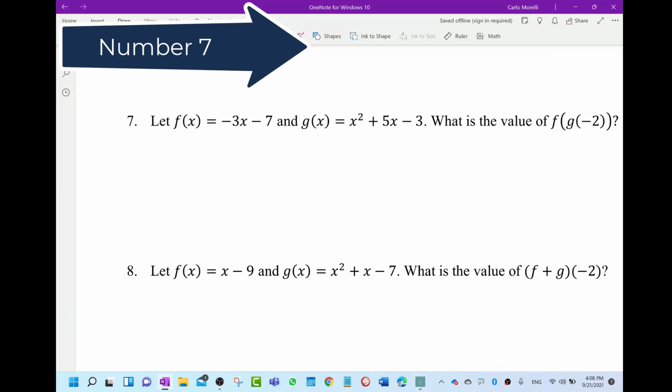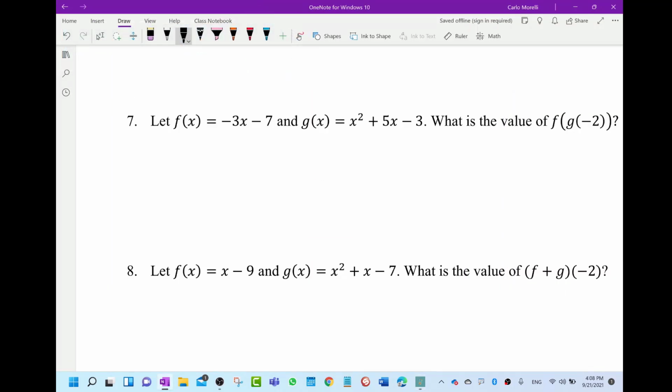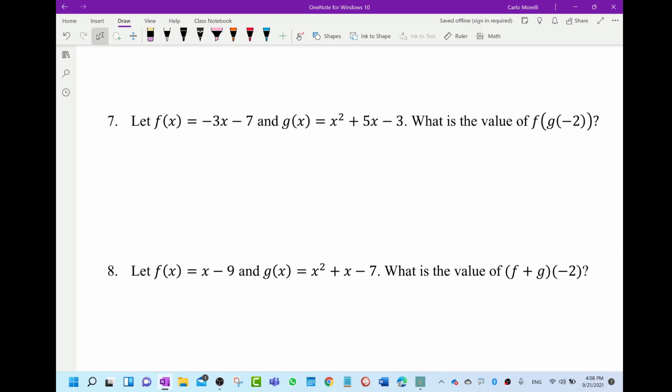25 minutes, okay. So let f of x equals negative 3x minus 7 and g of x equals this quadratic. It wants to know f of g of negative 2. This is a composition of functions problem. Okay, composition of functions. So first we want to do the composition of f of x and g of x.